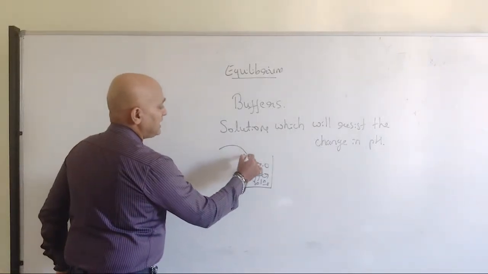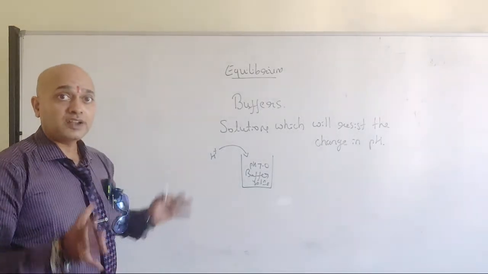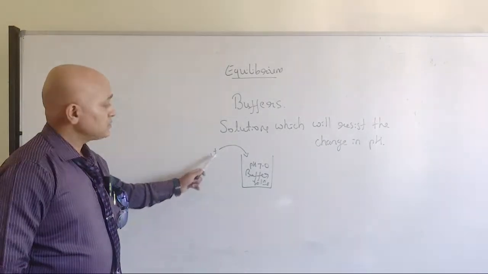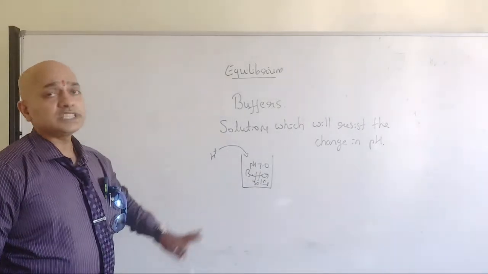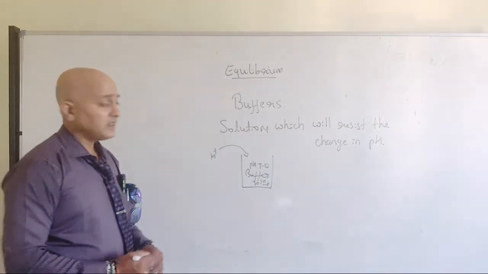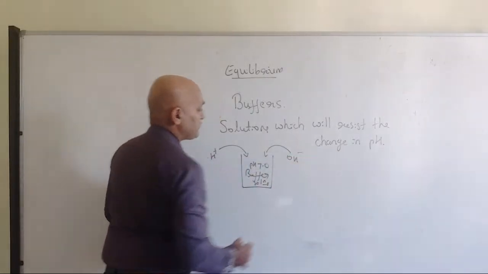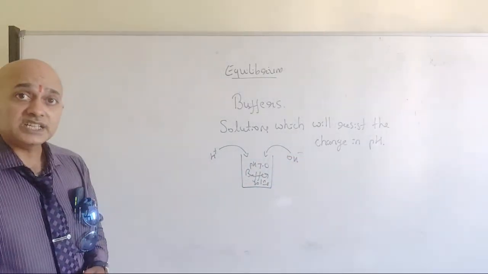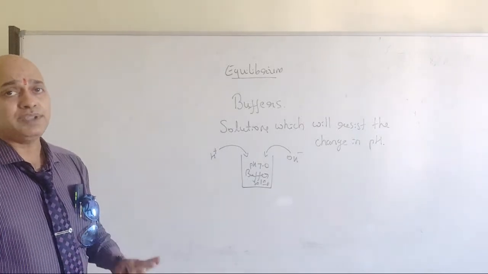Now I am adding H plus from outside, a small amount, not in liters. But there is no change in the pH. It will remain as 7 only. Now I am going to add some amount of OH minus from outside, but still the pH will remain as 7. There is no change in the pH.